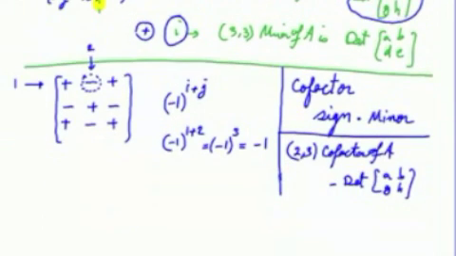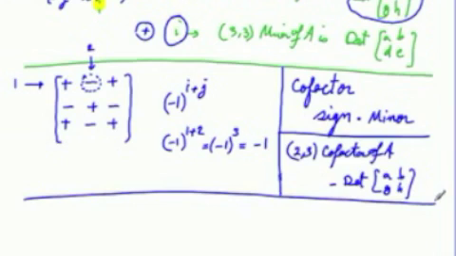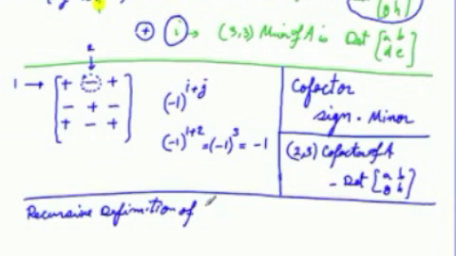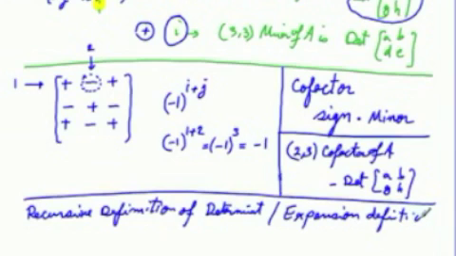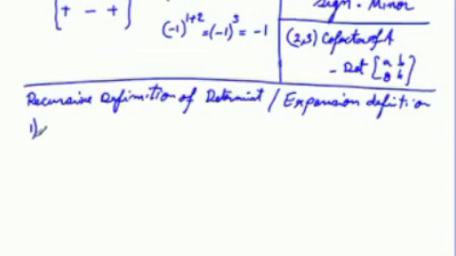Okay, now after all this setup, here is a recursive definition of a determinant. Sometimes it is referred to as the expansion definition. Step 1. Pick a row or a column.